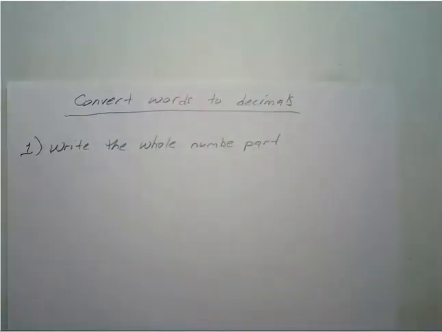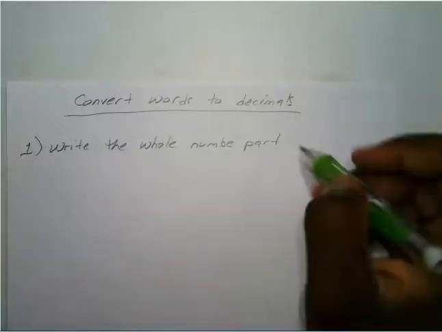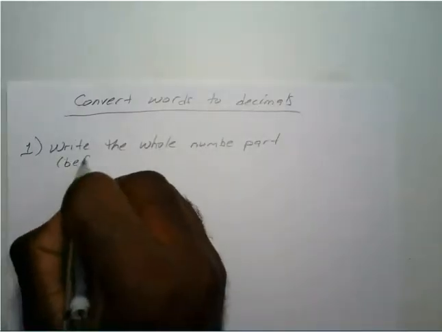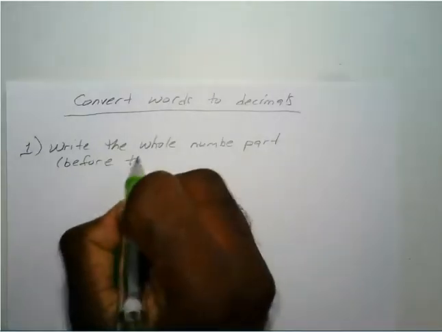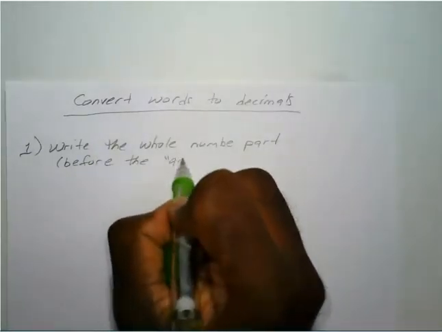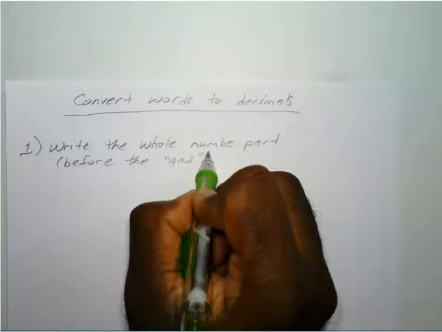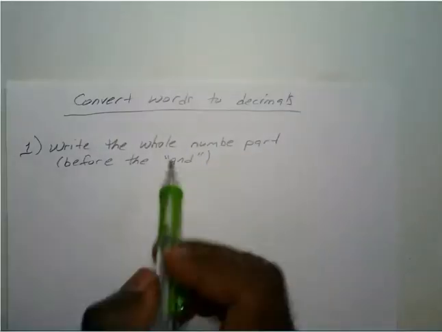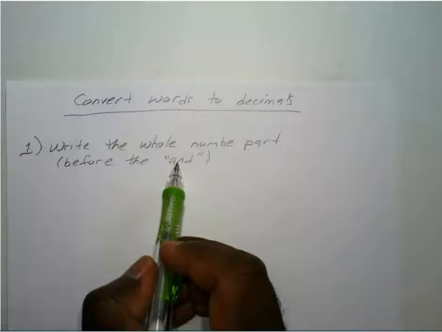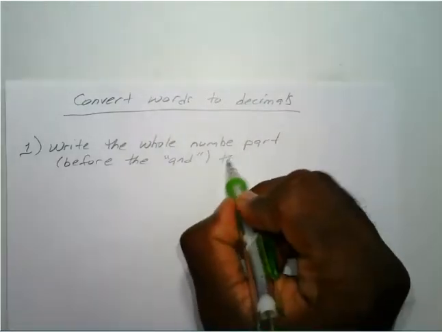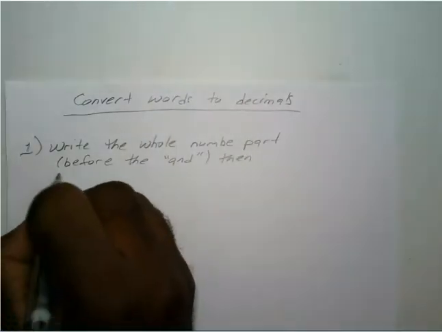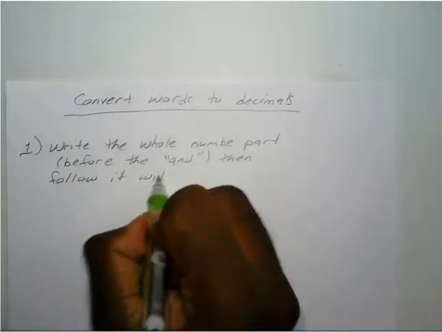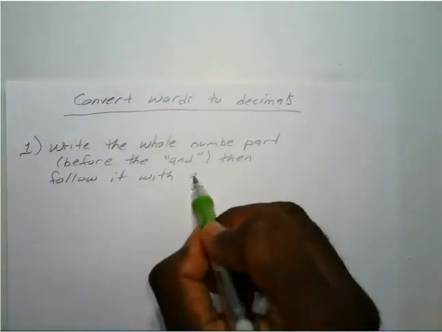Remember, if it's a 0, it's not going to have a whole number part, before the and. Now, once you get to the and, remember that's your decimal point. Then follow it with a decimal point.